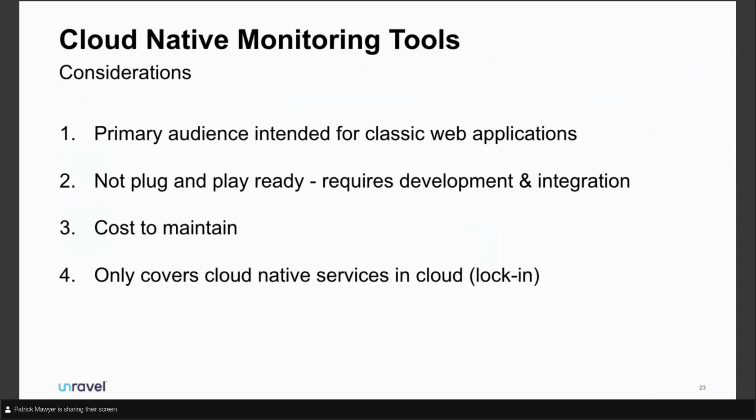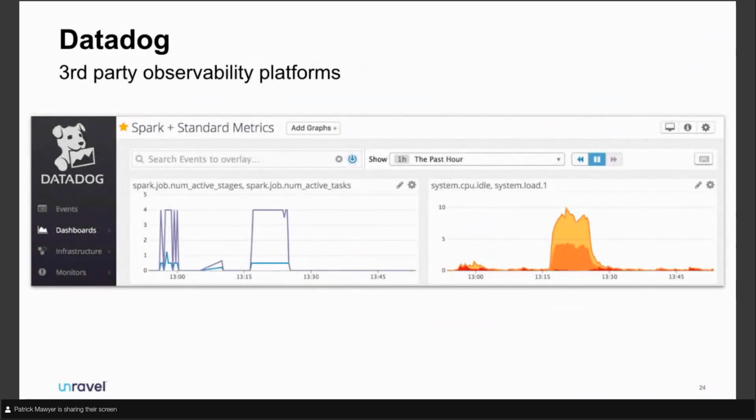And a lot of times they are only really focused on their own cloud native services. Again, if you wanted to integrate that with things outside of the cloud native services, more work's going to have to be done. So you've got a vendor lock-in consideration.